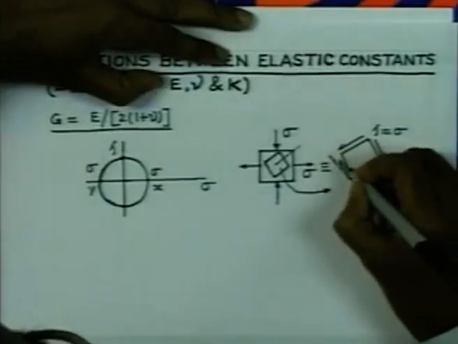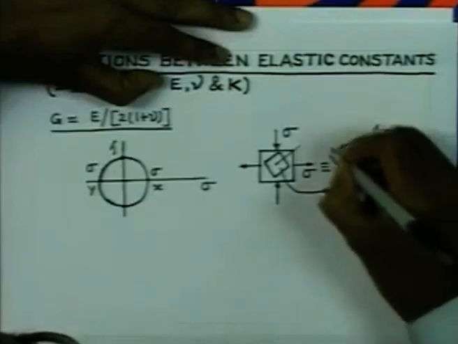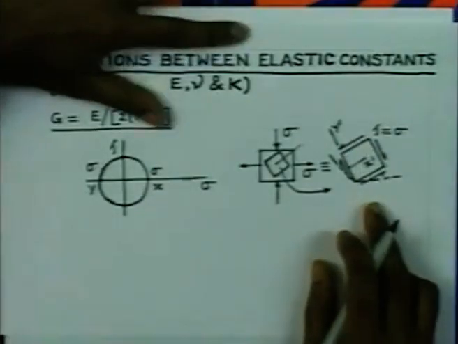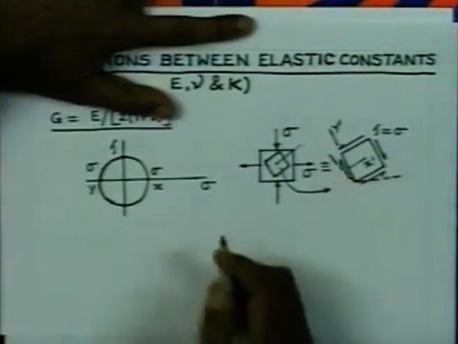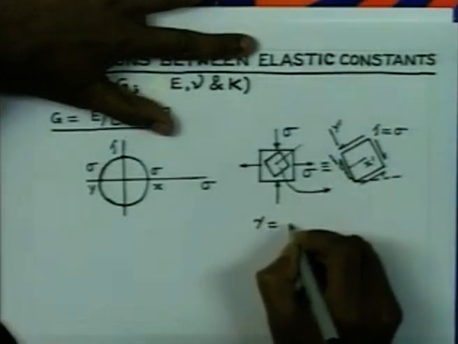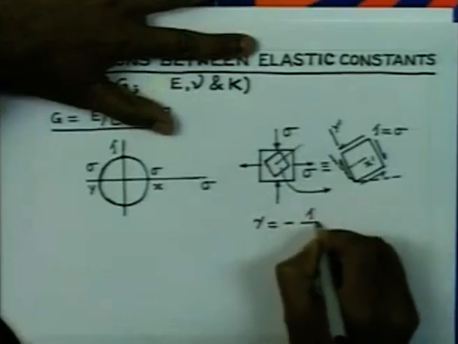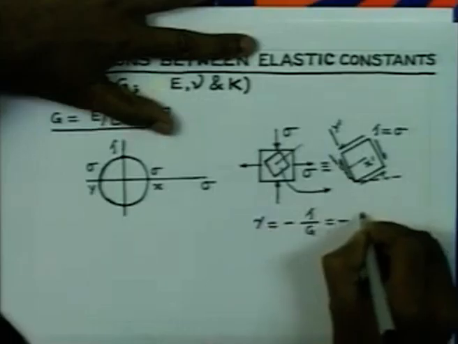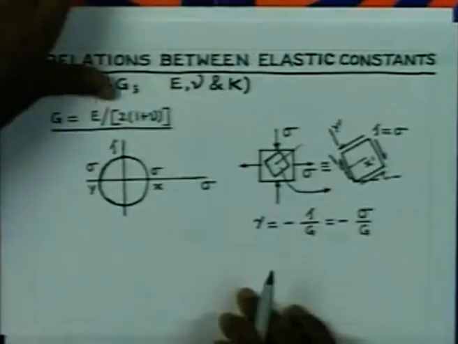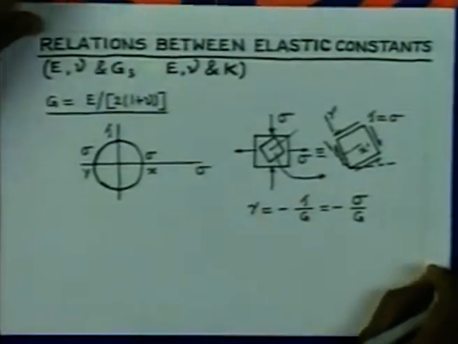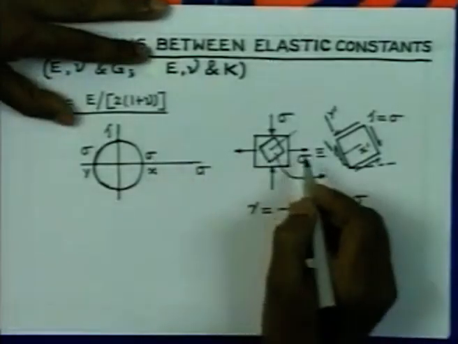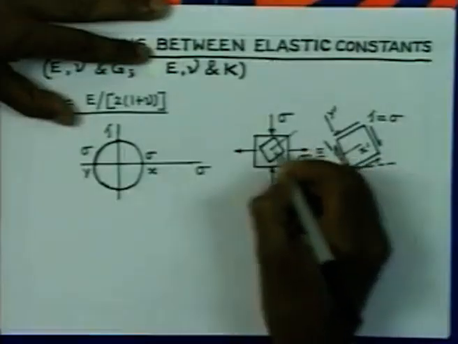If you consider this direction, let us say x dash, and this direction y dash, the angle between the two directions is going to increase. So, the shear strain is negative, and hence this shear strain is nothing but minus tau by G, which is minus sigma by G, because tau is equal to sigma. Now, I can calculate the strain in the directions x and y.